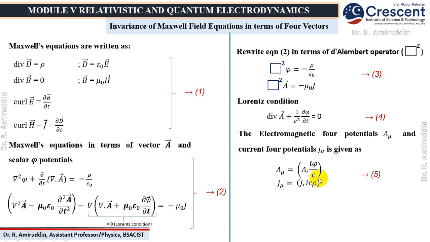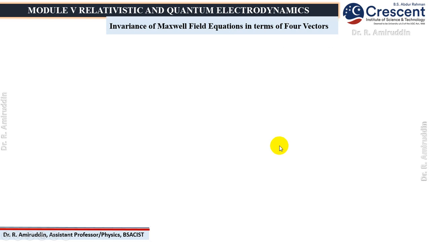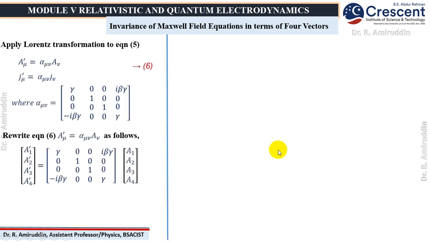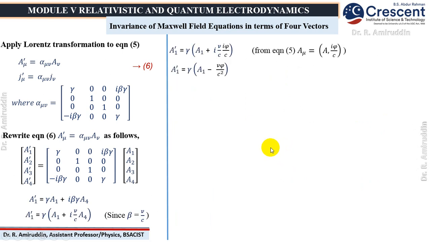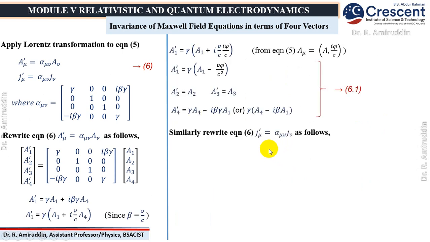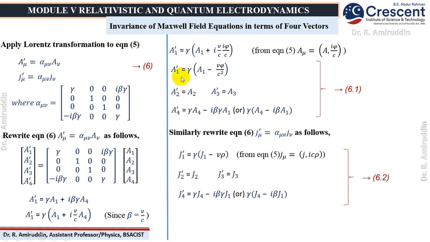So this is what our consideration is. Only for that equation there will be some small change between the relations. Accordingly, A1 prime will be given as gamma into A1 minus v phi by c square, and J1 prime is equal to gamma into J1 minus v rho.